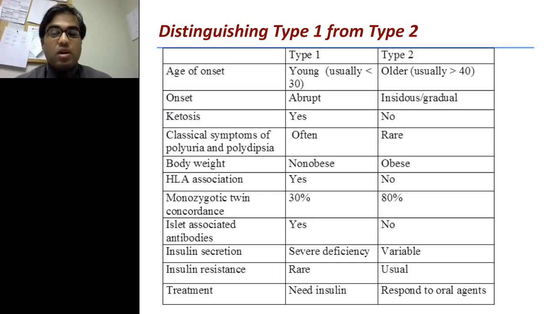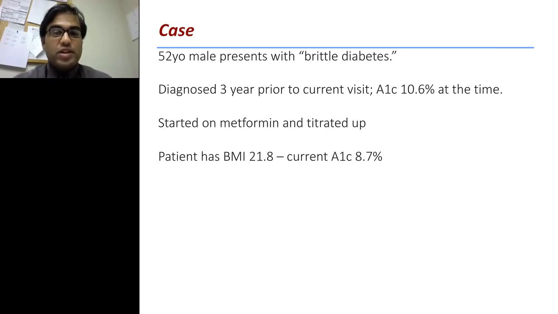But let me just talk about a case to maybe shed some light on this topic. It's a patient that I saw recently, a 52-year-old male, who presented with what his provider had mentioned was quote-unquote brittle diabetes. He was diagnosed 3 years prior to his current visit.